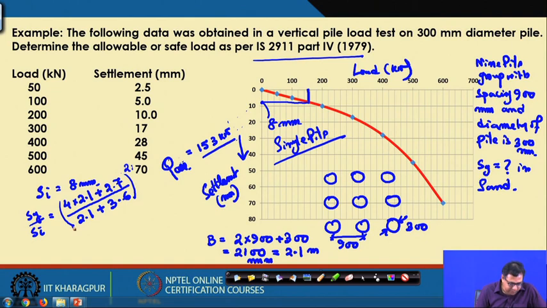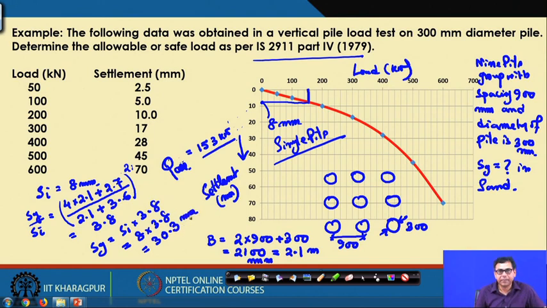We will get that equal to 3.8. So from here Sg will be Si into 3.8, that is 8 into 3.8, which is 30.3 millimeter.